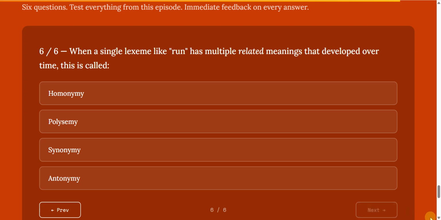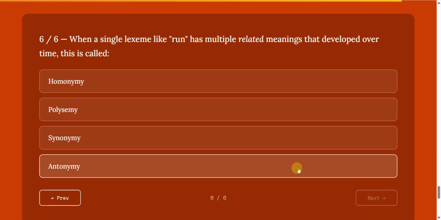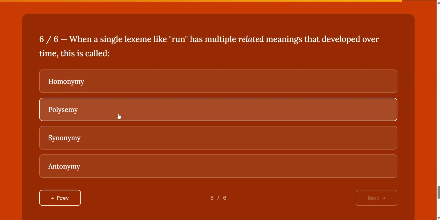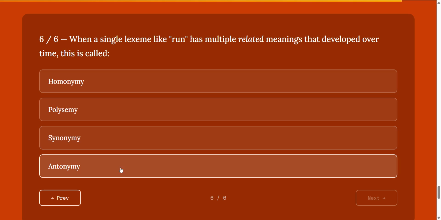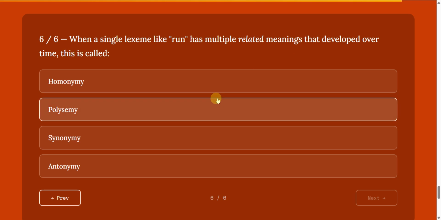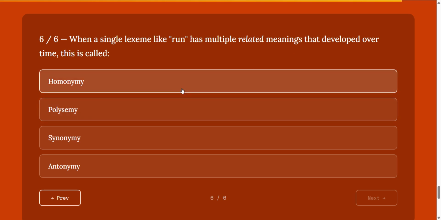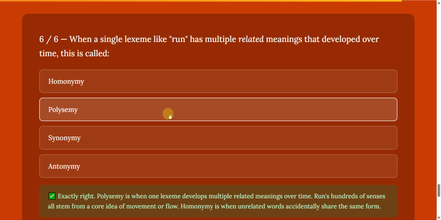Moving on to the next one. When a single lexeme like run has multiple related meanings that developed over time, this is called: homonymy, polysemy, synonymy, antonymy. It can't be antonymy as that is opposite in meaning. So it is polysemy.